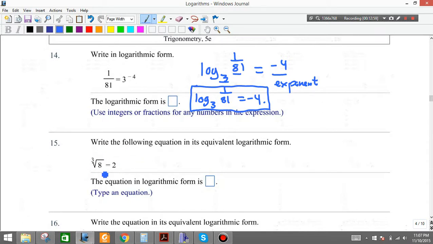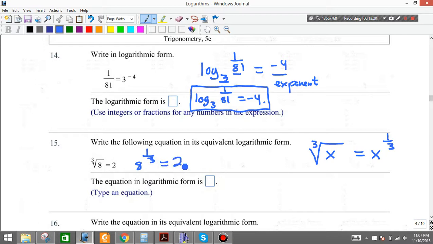Here, I'm trying to intimidate you, but I can't, right? So the remark here is that when I write the third root of a number, I mean x to the 1/3 power. And so really I'm saying that this is 8 to the 1/3 equals 2.